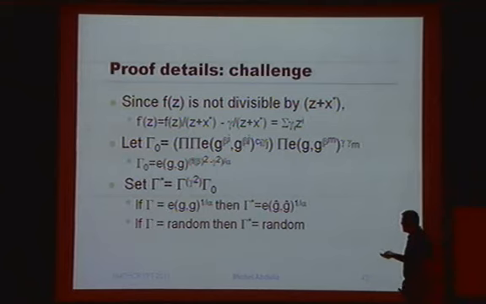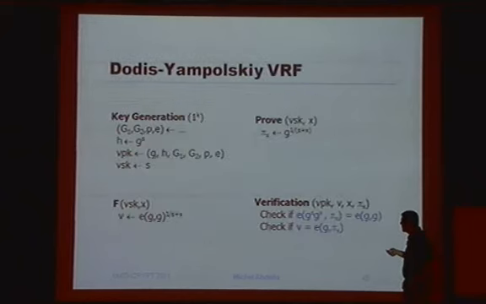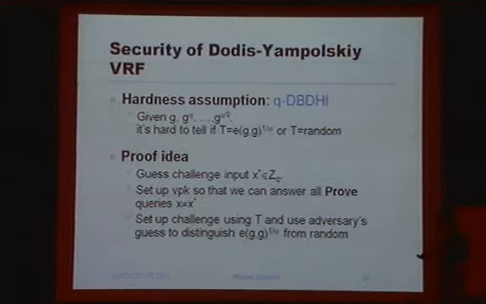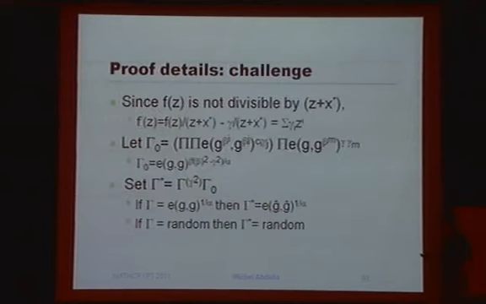And that just means that the output of the function will look pseudorandom, or sorry, will be the correct one. And if the value that we receive from the assumption is actually random, then the value that we give to the challenger is random.